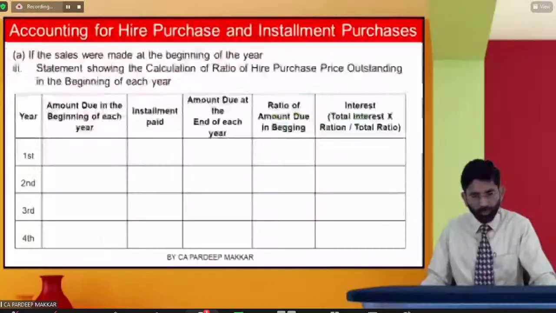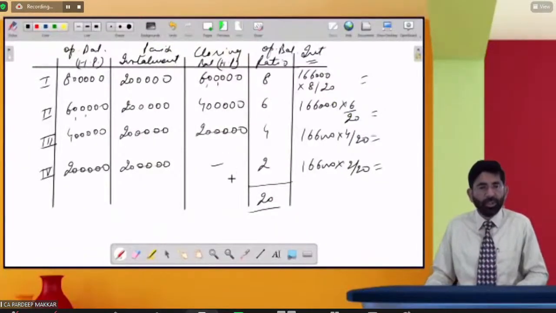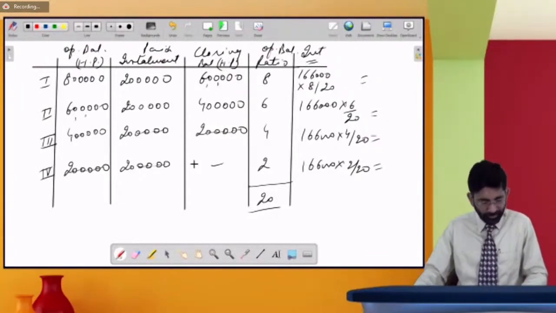Get the amount. This will be your answer, beta. Is that clear to everyone? Any doubt to anyone? Let it be clear.